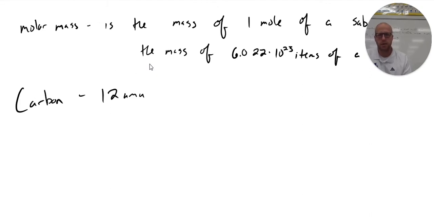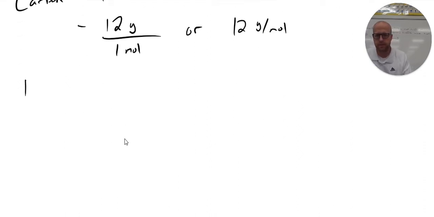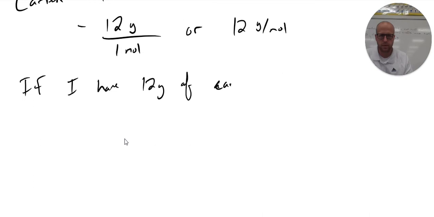So carbon has a molar mass of 12 grams per 1 mole, or you can write it as 12 grams per mole. What does that tell me? Well, it tells me that if I have 12 grams of carbon, I have 6.022 times 10 to the 23rd atoms of carbon.